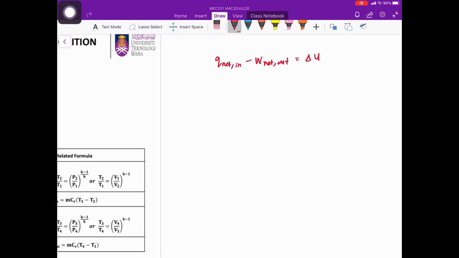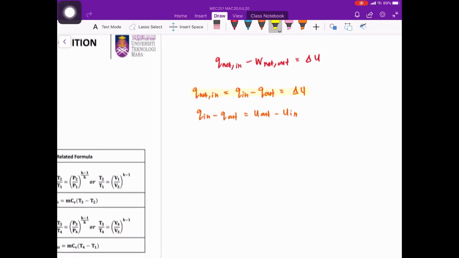From the non-flow energy equation, NFEE, for an isochoric process, we know that the net heat transfer, Q net in, is equal to Q in minus Q out, which is equal to the change of internal energy. Therefore, Q in minus Q out is equal to U out minus U in.